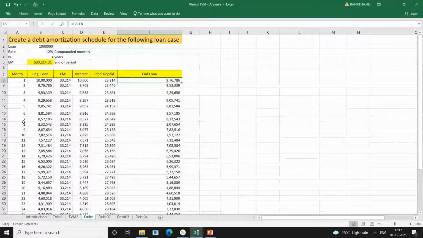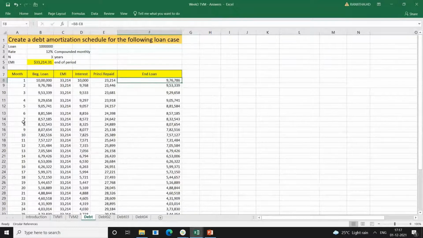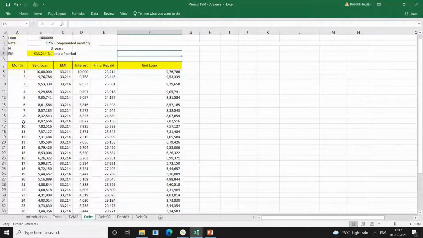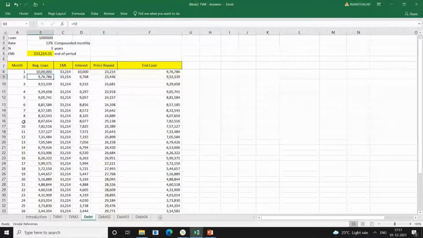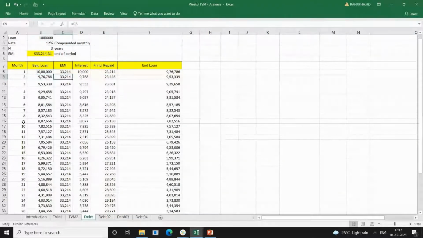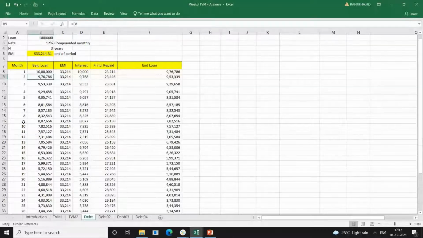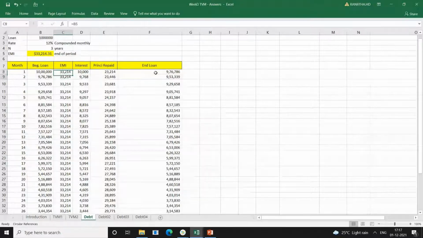If I just drag down, this amount will be carried forward here. How can I take the value? I don't want to type, so equals, you give the cell, press enter, and immediately it will take that value from this particular cell itself.